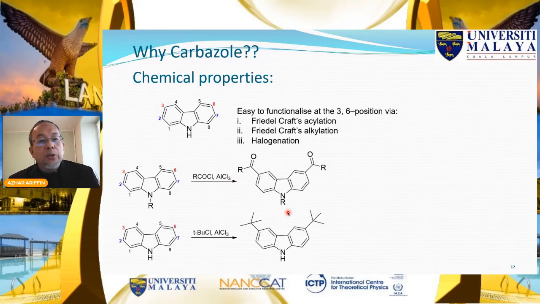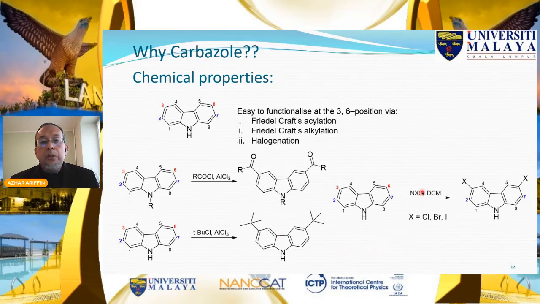You can also easily do Friedel-Crafts alkylation. You just replace the acid chloride with tertiary butyl chloride. You can use either aluminum trichloride or zinc chloride to introduce the tertiary butyl group at position 3 and 6.